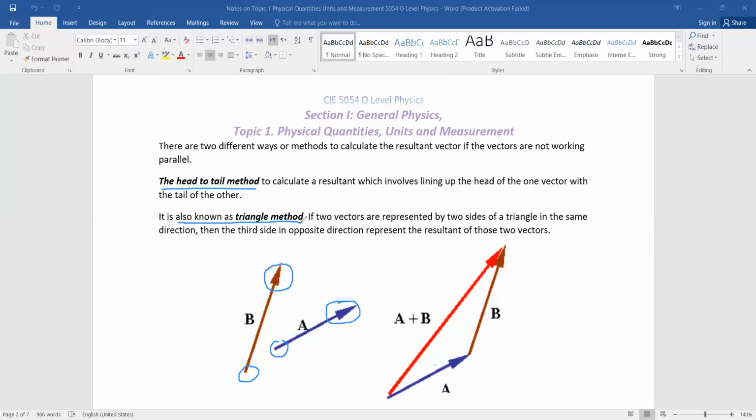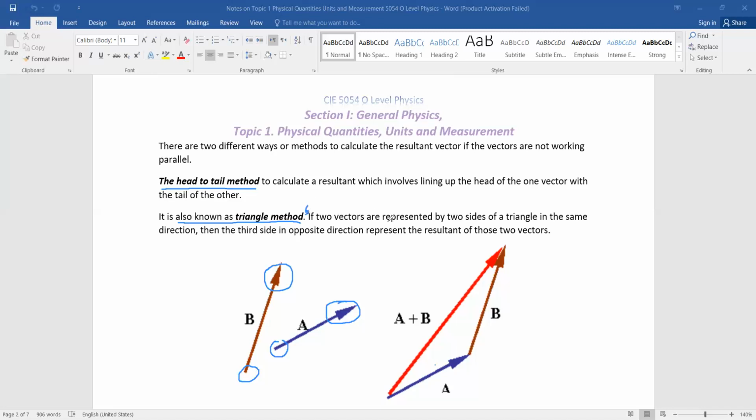And I made a description of the triangle rule. That one is written here.